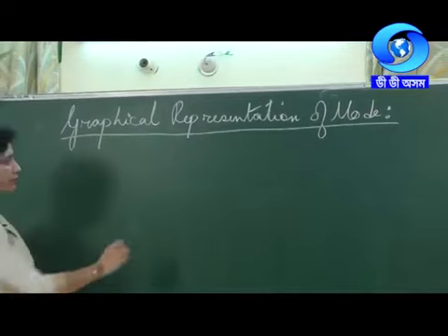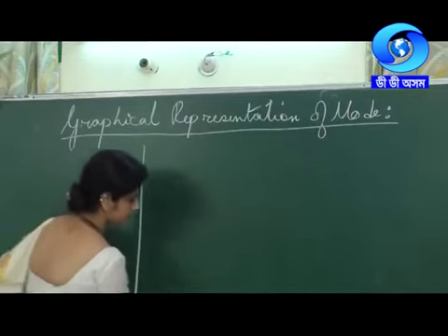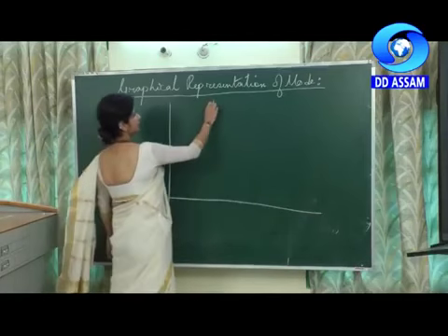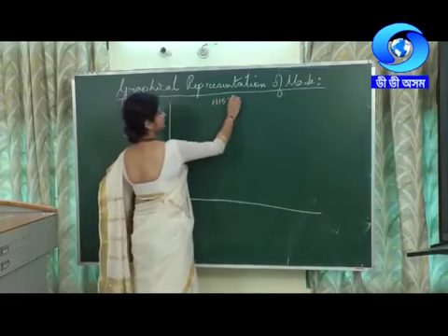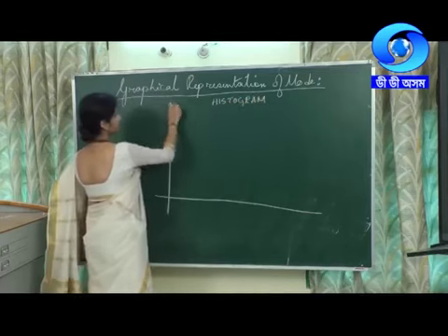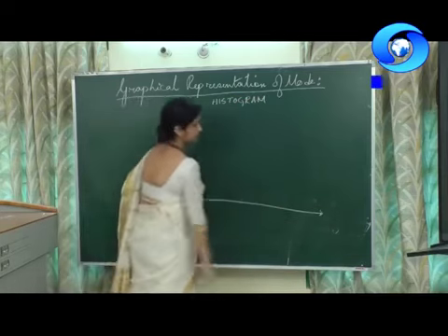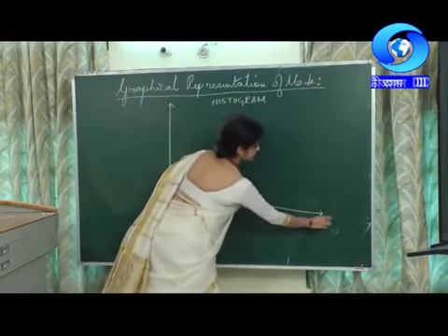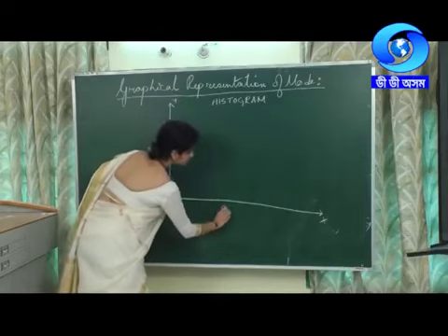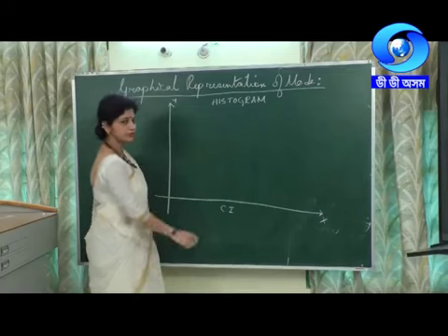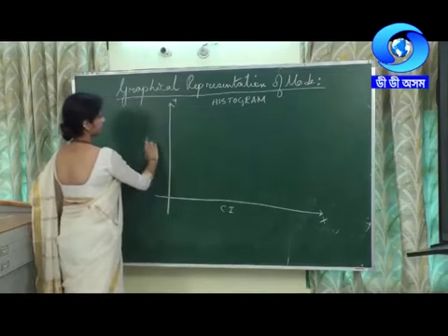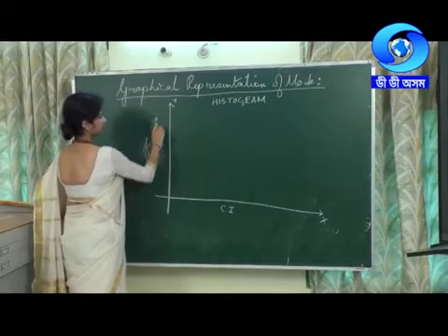So as you know from your earlier class, HS first year class, that to draw a histogram, we have to have on the x-axis the class intervals which are continuous obviously, and on the y-axis we have the frequencies f.